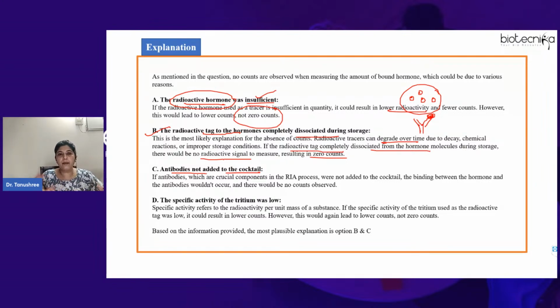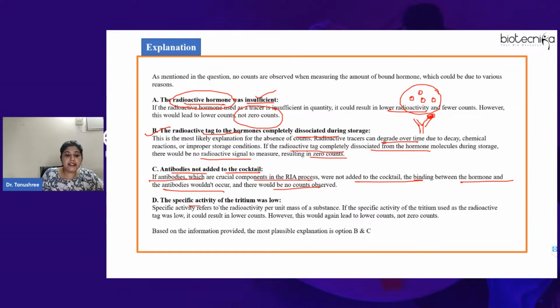You are not going to prepare this antigen antibody mixture otherwise. The radioactive tracer, that is the antigen labeled with the radioisotope, and the antibody, your process starts with that, the RIA technique starts with that. So if antibodies, which are crucial components in the RIA process, were not added to the cocktail, the binding between the hormone and antibody wouldn't occur. And yes, in that case also, there will be no counts.